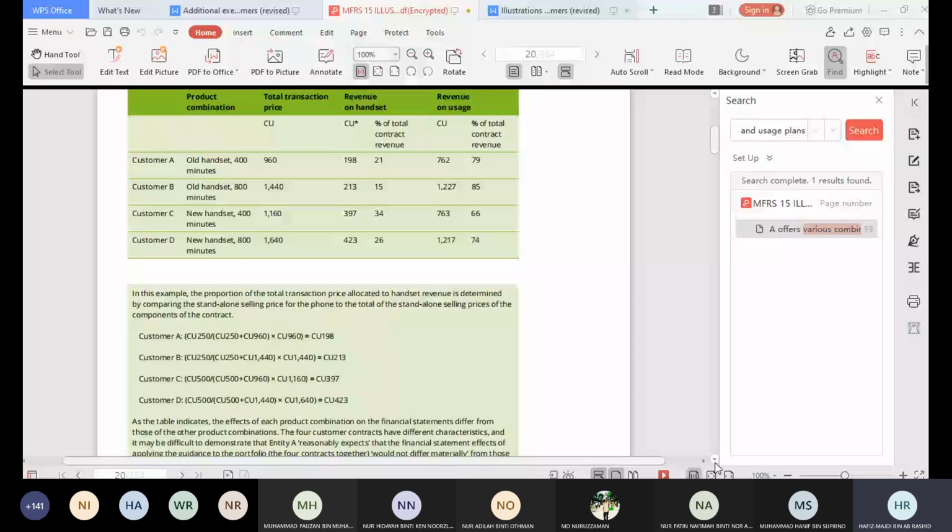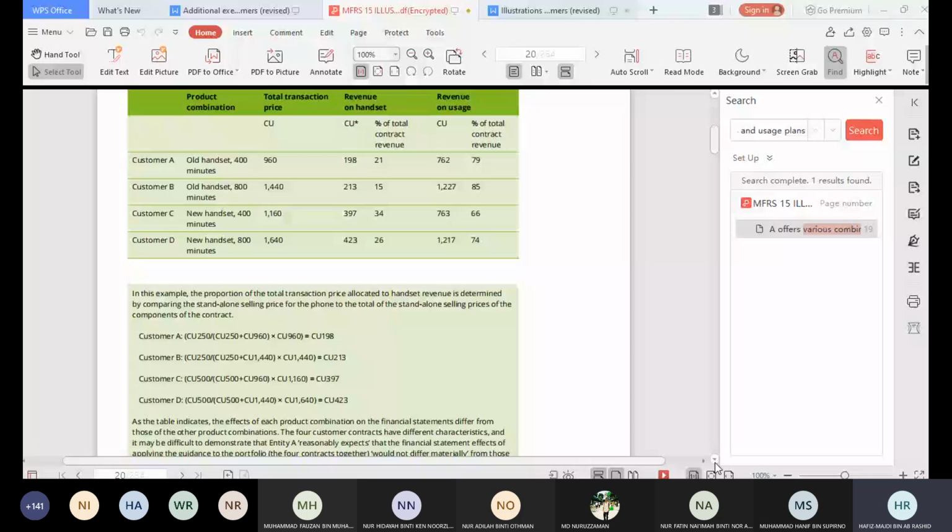Yes, it will be given for free, but the standalone selling price for the old handset is 250. So when you look into the customer A calculation, to get the allocated transaction price for the handset, you use the standalone selling price of the old handset, which is 250. Then the 960 is already the standalone selling price for the usage plan for 400 minutes.